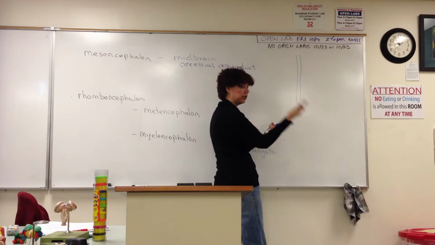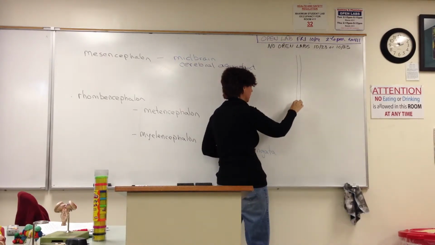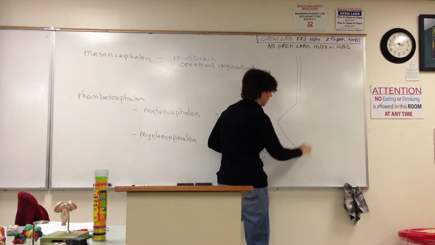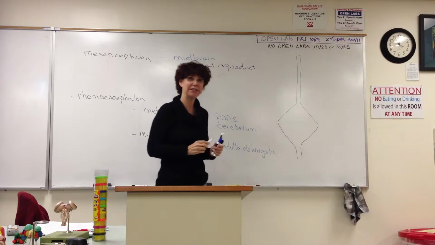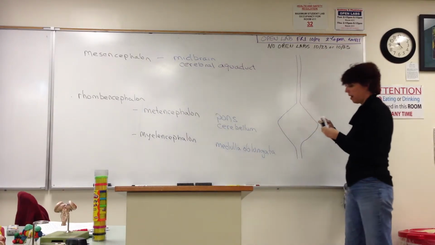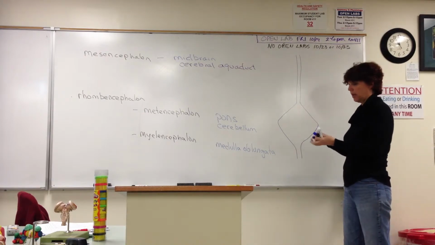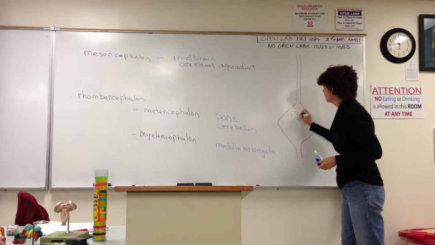And then with the flexure of the rhombencephalon, it widens the fourth ventricle and it forms this diamond-shaped structure. All right? So the upper portion is going to be associated with the pons. It's going to form the floor of the fourth ventricle, upper portion will be the pons.